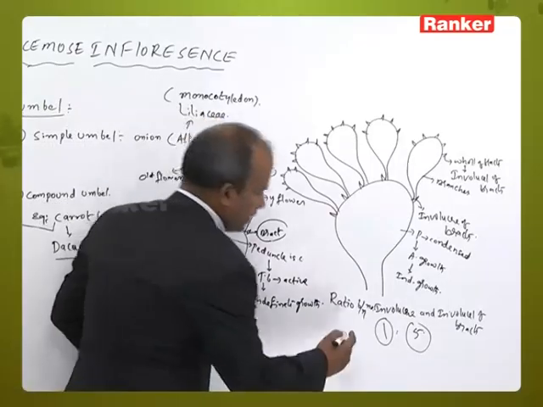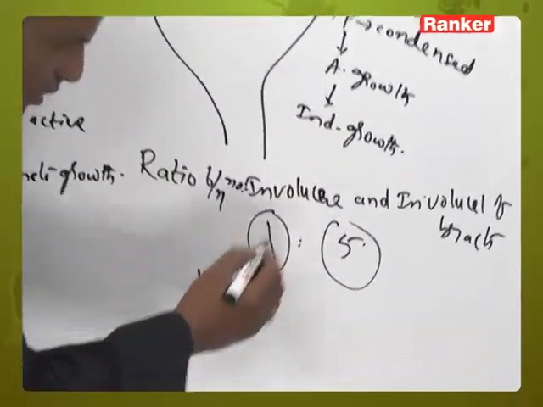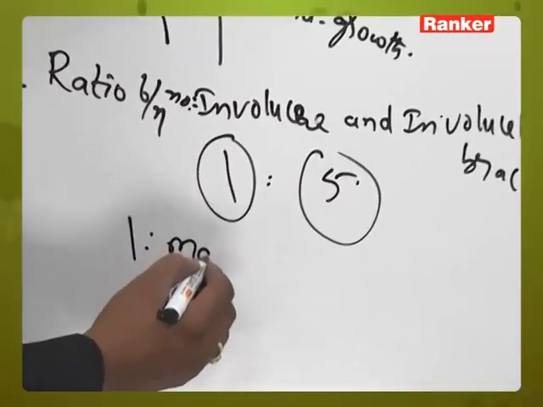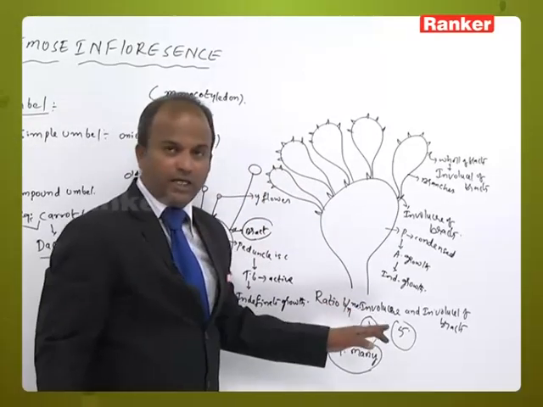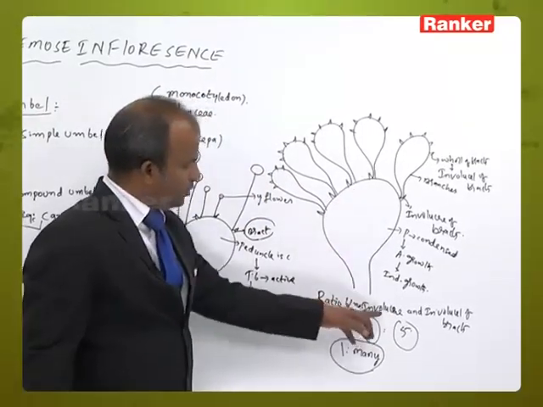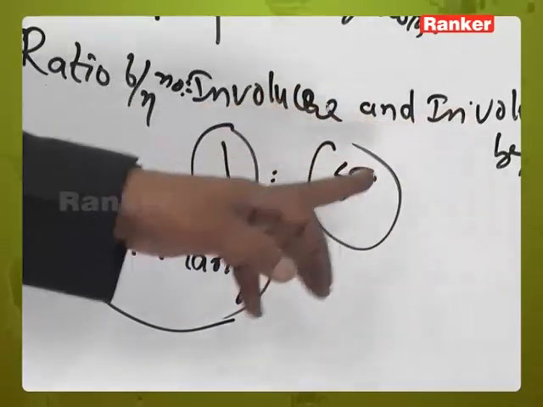But generally the ratio between involucre means 1 and involucels means many.